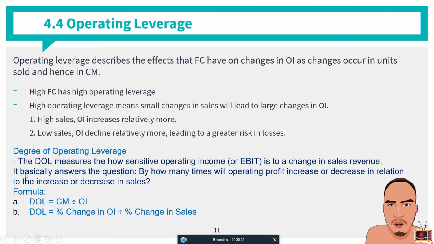We will expound the definition on the next slide. So simply, the formula for the degree of operating leverage is the CM divided by the OI, so contribution margin divided by the operating income. And DOL is also equal to percent change in OI divided by percent change in sales.